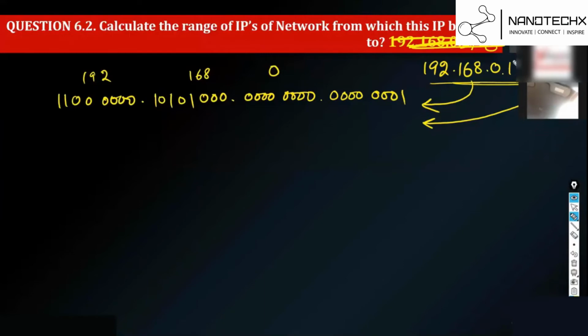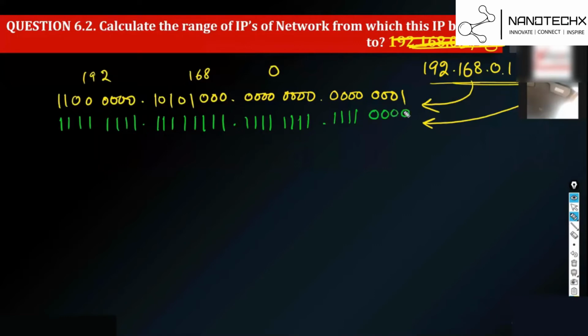So let's write it: 1, 2, 3, 4, 5, 6, 7, 8 dot 9, 10, 11, 12, 13, 14, 15, 16 dot 17, 18, 19, 20, 21, 22, 23, 24 dot 25, 26, 27, 28. What else? The remaining should all be zeros.